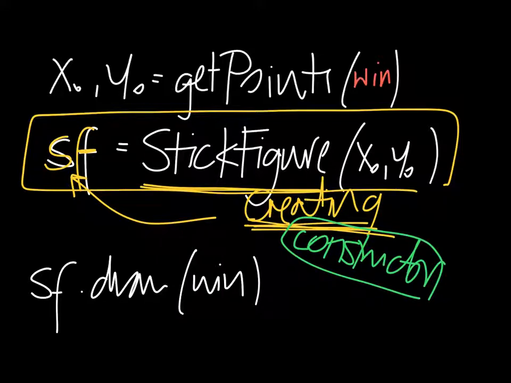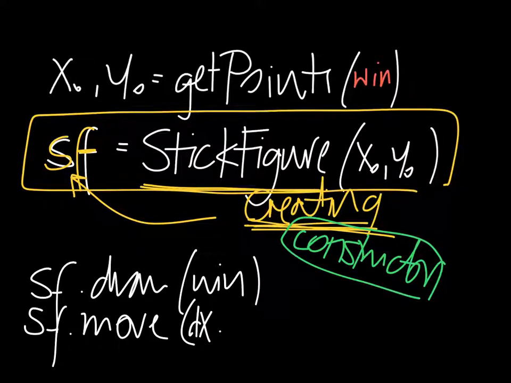It depends how I want to organize my code. Later on, I want to move the whole stick figure, and I can give it some new values, new X and new Y. Now that is really quite powerful, because if I can build in the background something which will allow me just to create the object from a point, store it, draw it, move it, then you suddenly start noticing, hang on, that could be quite useful.